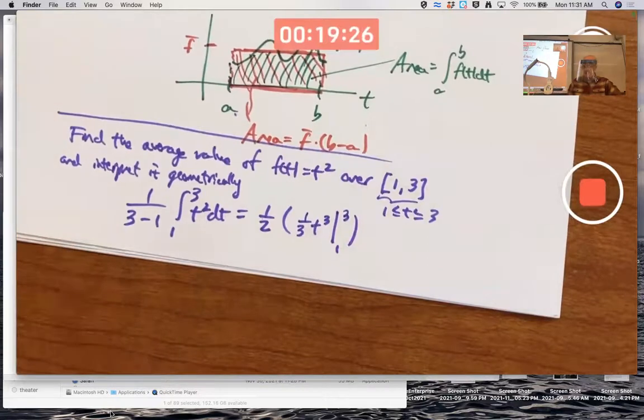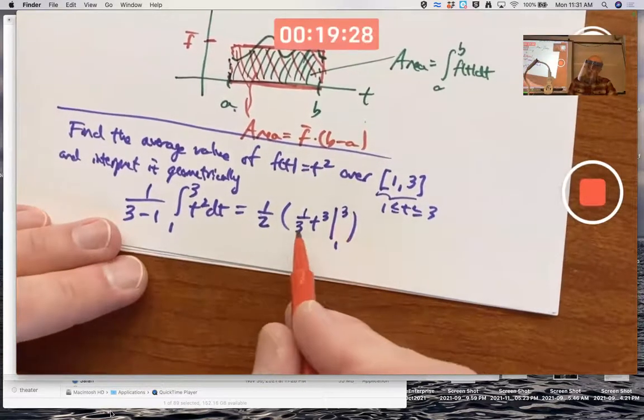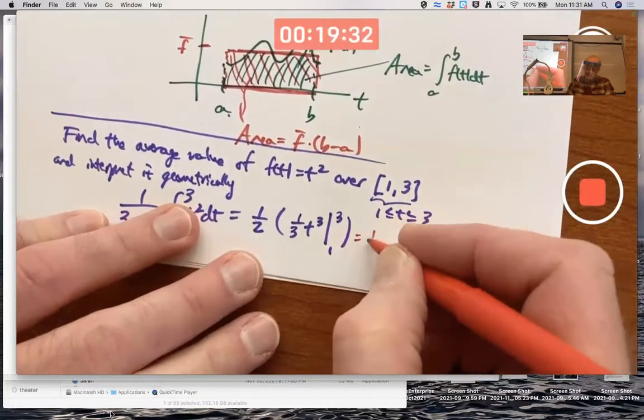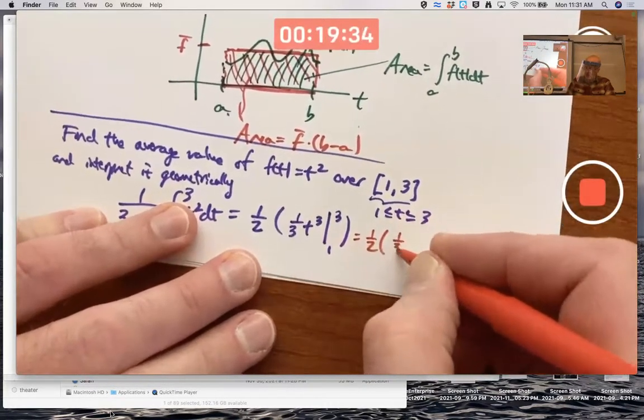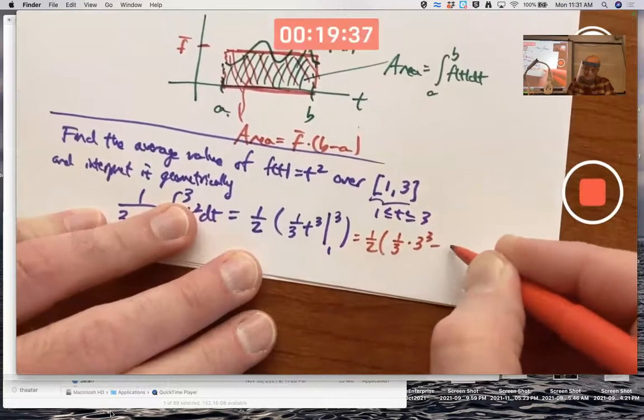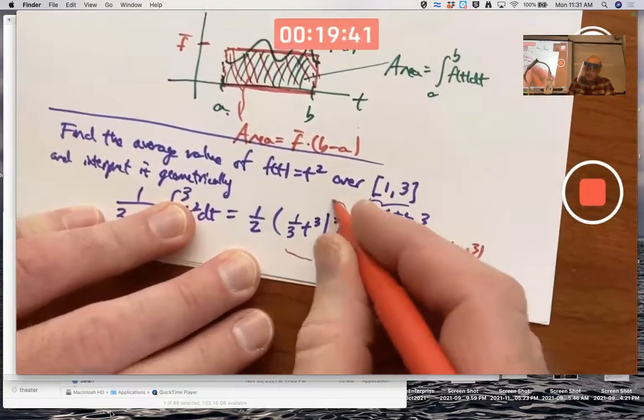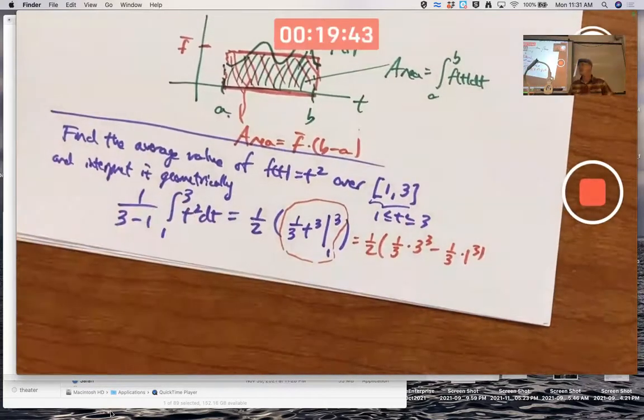That means plug the top number into this function and subtract what you get when you plug in the bottom number. So this means 1/3 times 3 cubed minus 1/3 times 1 cubed. That's what that notation means. And it is standard notation. It's in the book. I just haven't mentioned it in class.